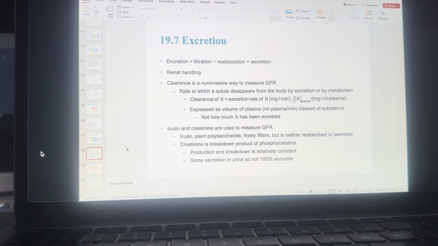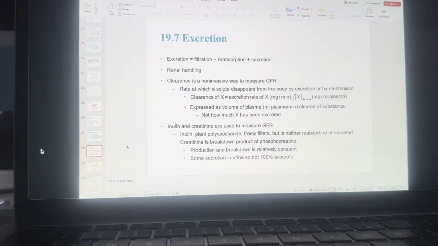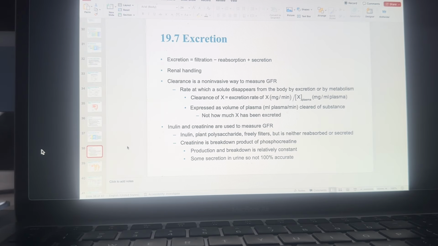Lastly, excretion, so how much you're peeing. The excretion part is what you urinate. And the total amount of excretion is equal to how much you're filtering out and how much you're reabsorbing. So you subtract that from the total equation.